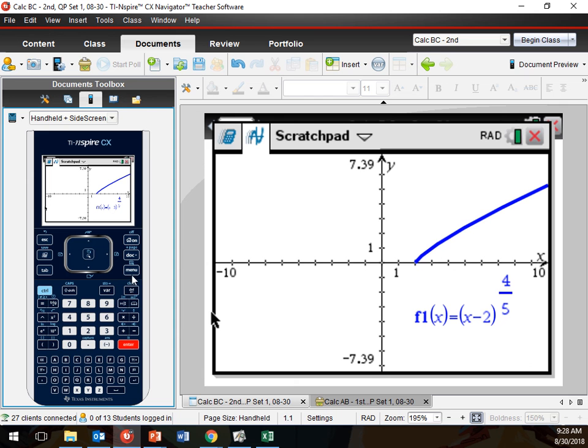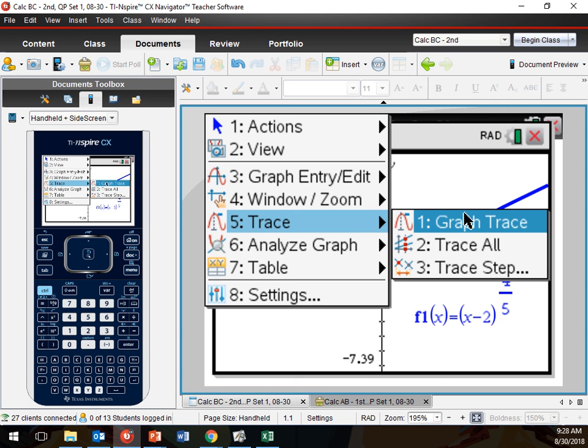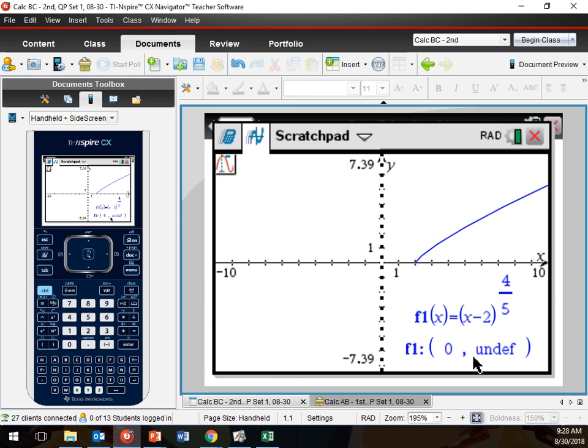You're right, it should. So trace. It says it's undefined at 0. So I plug in 0, negative 2. I could take the fifth root of negative 2, right?